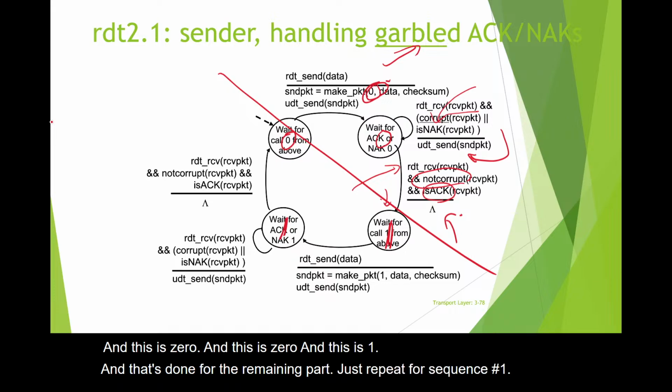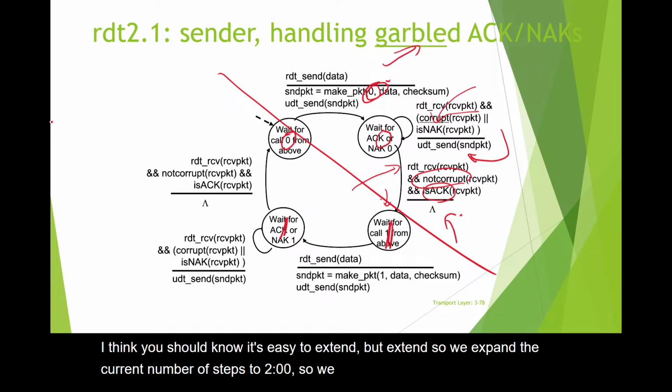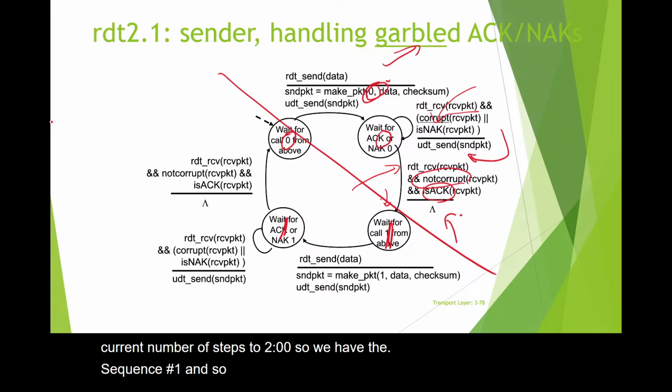Well, I think you should know it's easy to extend. But extend, so we expand the current number of steps to 2. So we have the sequence number 1, so that the number of steps for the conversion is doubled, right? It's doubled.